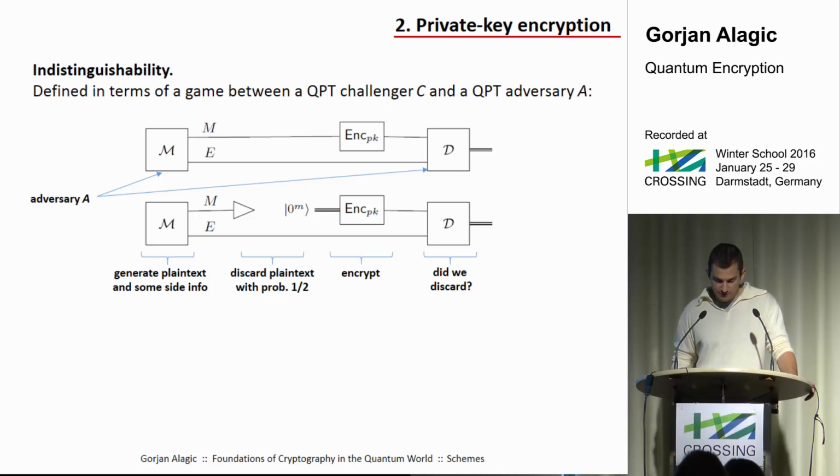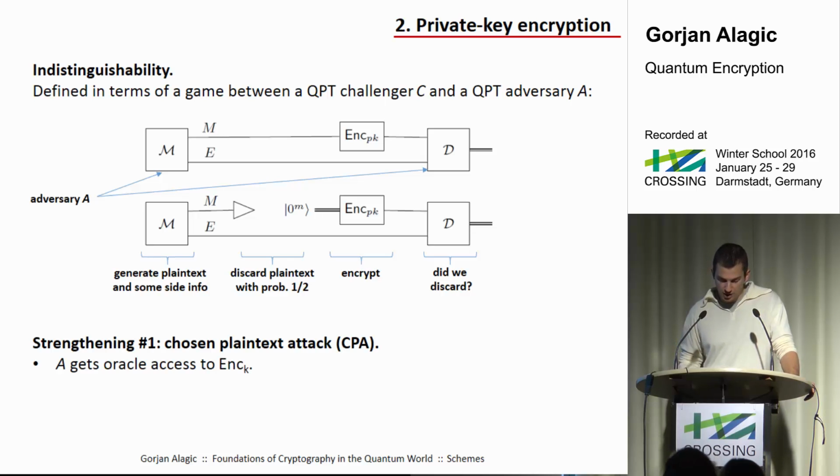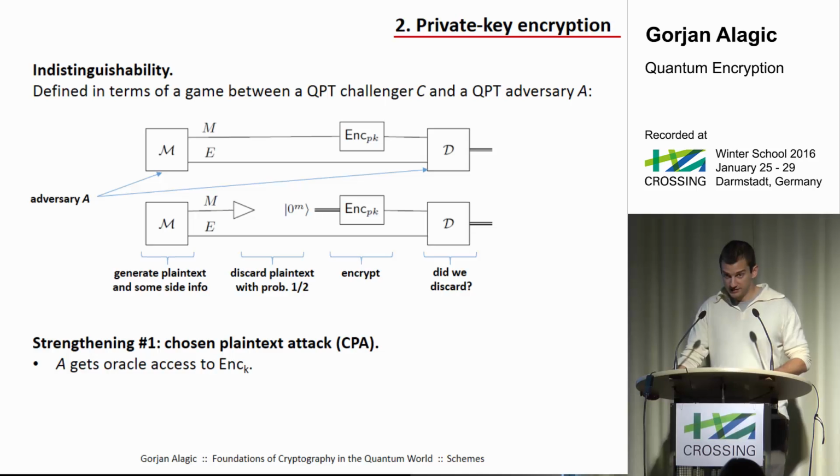So there's the picture again, and let me mention some strengthenings of this notion. These are motivated by the possibility that the adversary could know something about the plaintexts that are being encrypted ahead of time, or that the adversary in fact has some partial control over the person doing the transmissions.